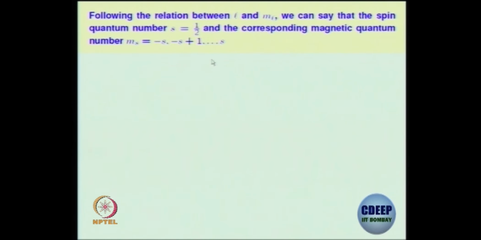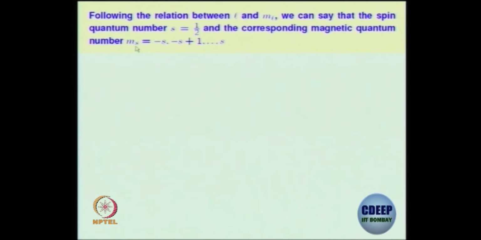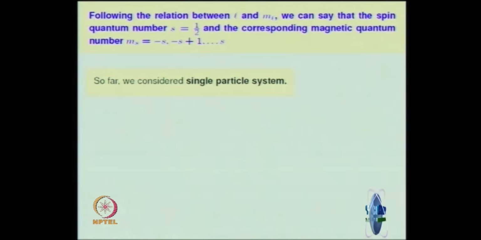That's why you see two distinct lines accounting for the spin angular momentum even though L is 0. Even though L is 0, when you turn on a magnetic field, you see two distinct lines, two splittings, because of the spin quantum number with s equal to half and m_s equal to minus half and plus half. So let me stop here.